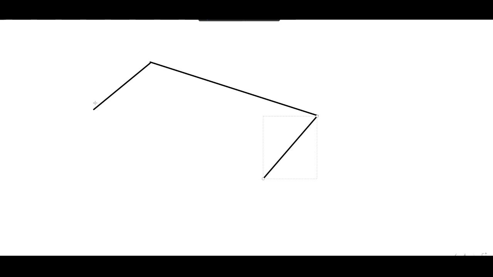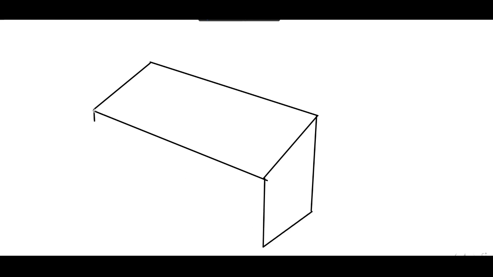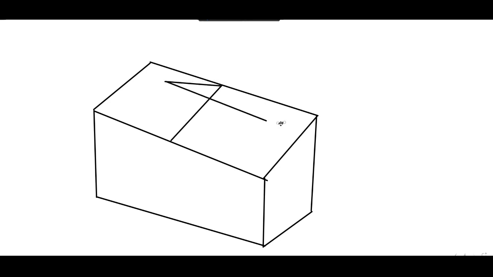Similarly, if I had a deep freezer fridge like this one, and if I wanted to open this door, if the door is open like this, then this whole line, this whole point would act as the pivot.